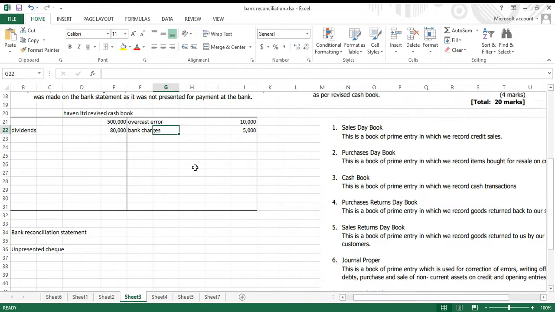So this unpresented check was sitting on our cash book. On our bank statement, it is going to be debited, 10,000.